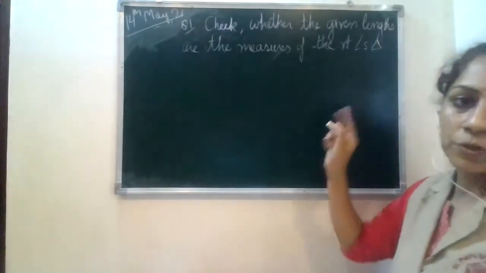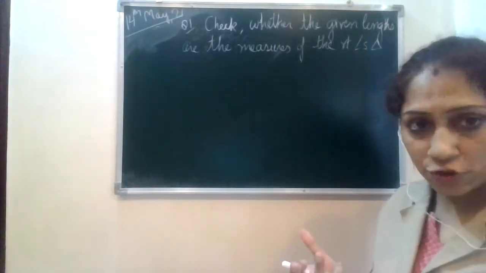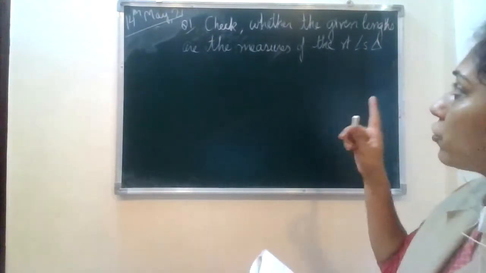This question must be in your book also. Just read the question: whether the given set of measurements are the measures of the right angle triangle.